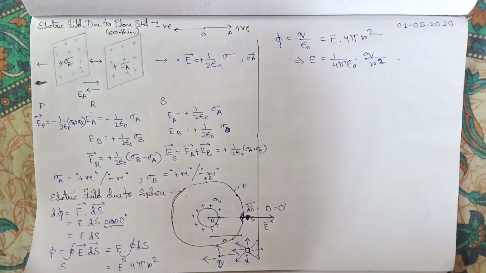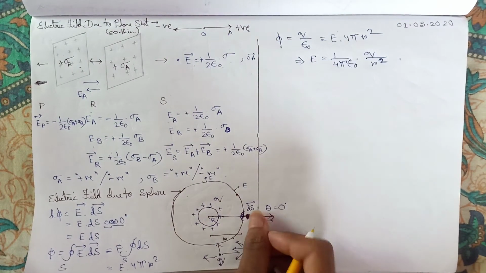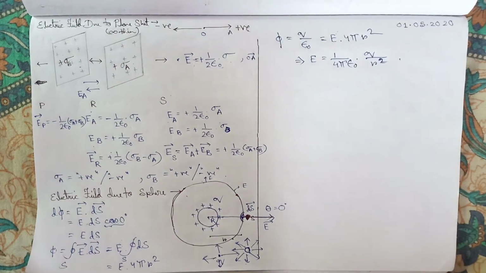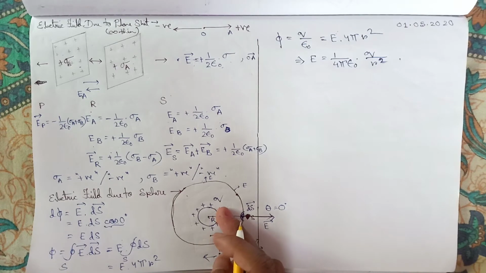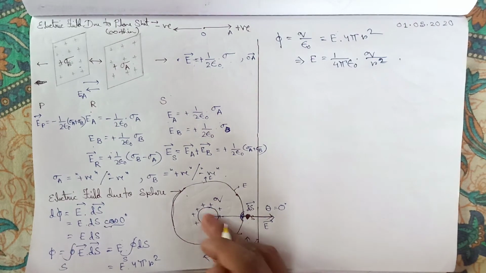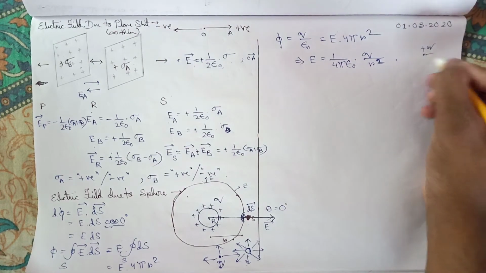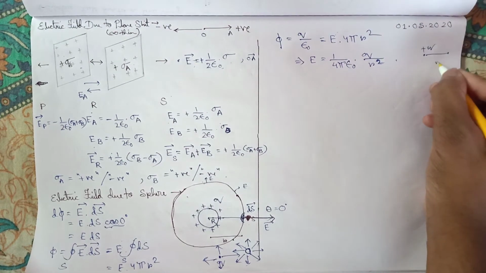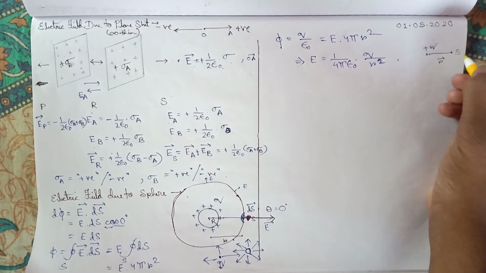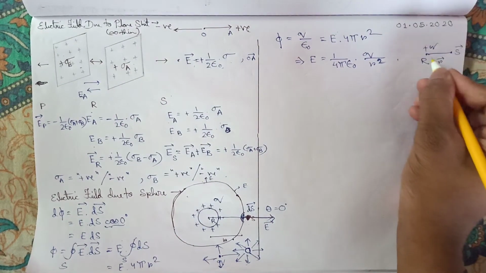So we can say for a point outside this shell anywhere, we can treat this shell as a point charge, or we can say this shell acts as a concentrated point charge here. So we can just substitute the shell by a point charge plus q at distance r. From distance r we can find the electric field at point S easily.